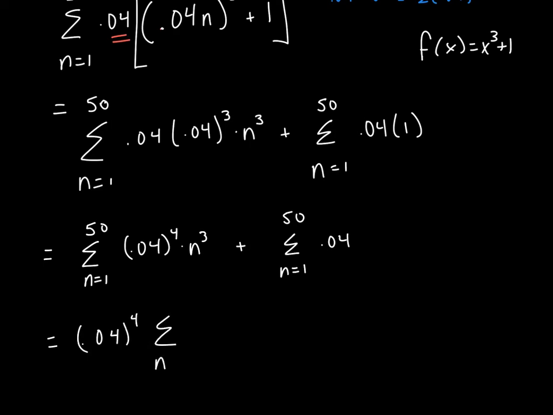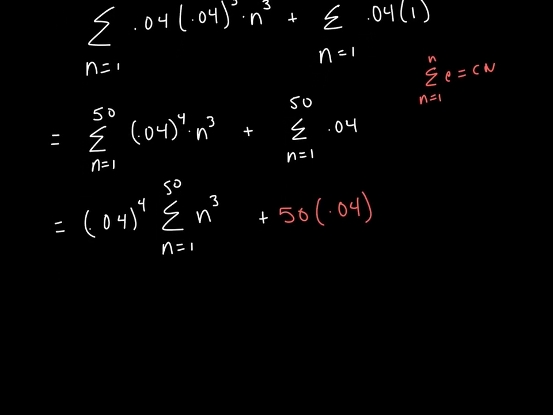And this second portion over here, because the summation from n is equal to 1 to n of c is just c times n, just equals 50 times 0.04.